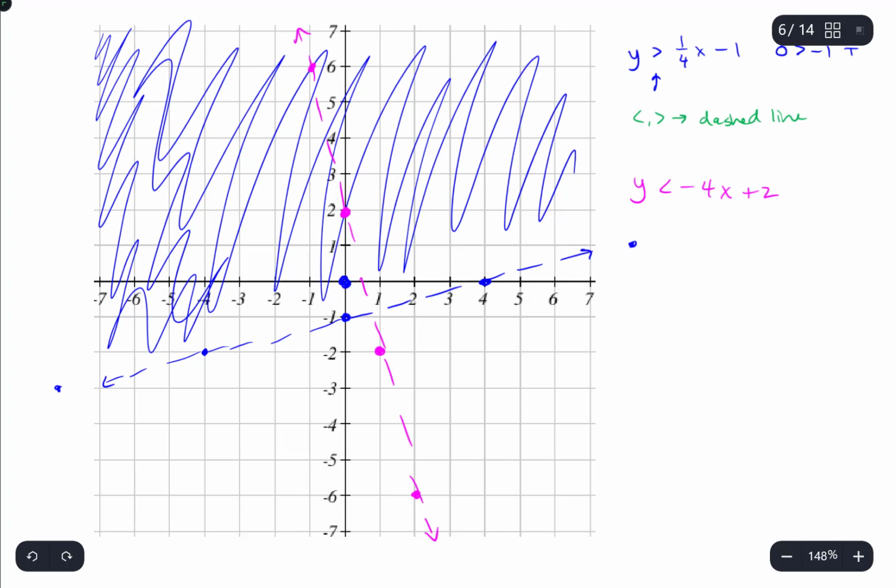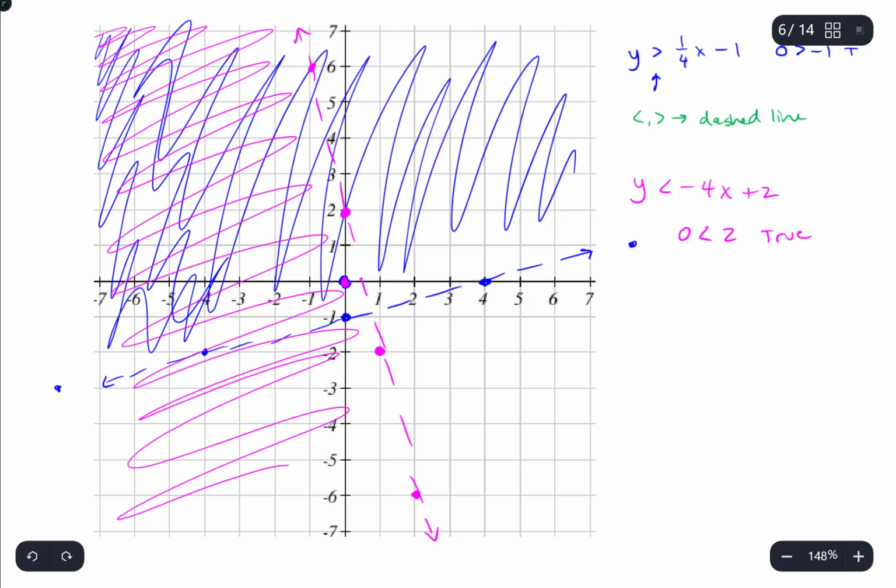And then which way do we shade? Again, pick the origin as a test point and plug it in. That gives me 0 is less than 2, and that is true. So that means I would shade this side of the line over here.